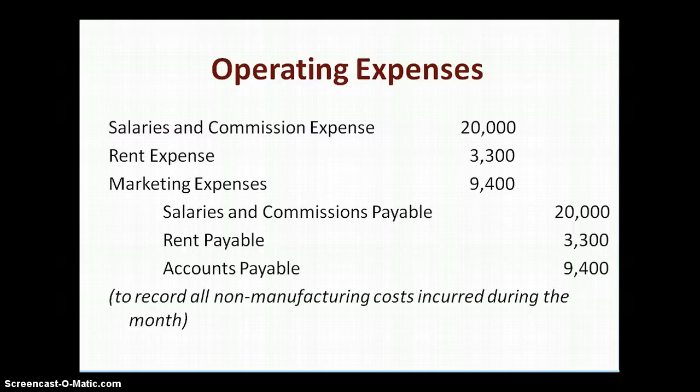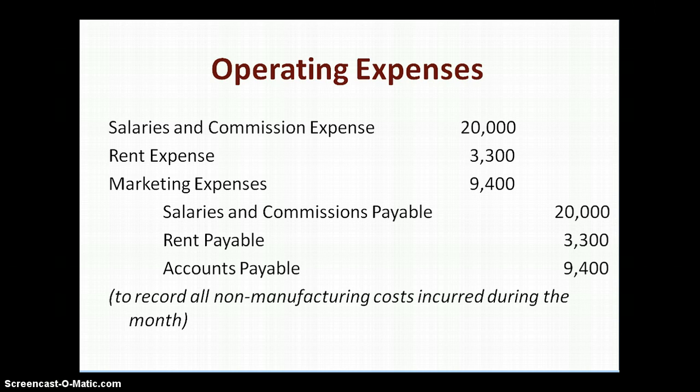Next, let's take a look at other operating expenses. This time, we're going to take a look at an actual journal entry. This is where you would record all your non-production, non-manufacturing costs incurred during the month. So examples would be sales salaries or regular head office salaries and other commission expenses, those that you would debit, and you would credit the respective payable account.